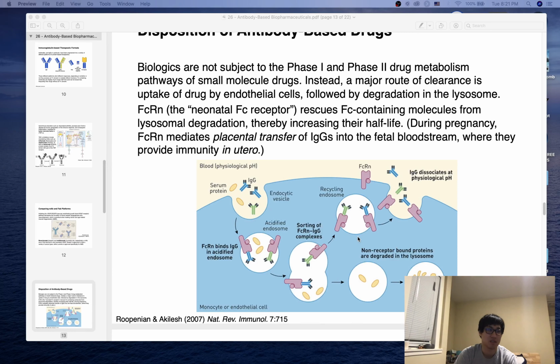Also, as Abhi said, the Fc domains are recycled together, because you have this mechanism that can recognize Fc from degradation and recover it.